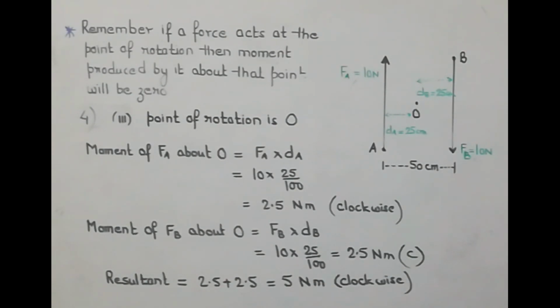In the second part, point of rotation was B, so moment of FB was taken as 0. And in the third part, point of rotation was O, which was 25 centimeter from A as well as 25 centimeter from B. So we calculated the moment produced by these two forces and got the result. So you can note it down.